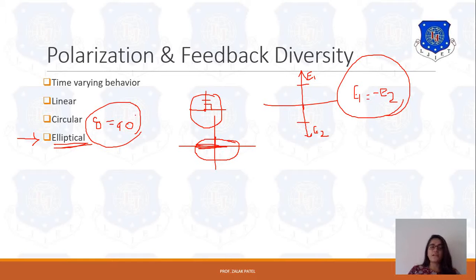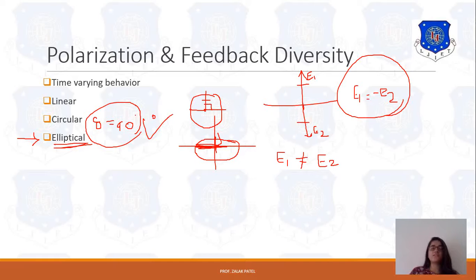So in this case the magnitude is not equal, meaning E1 is not equal to E2, but the phase difference, that is delta, is equal to 90 degrees in elliptical polarization also.